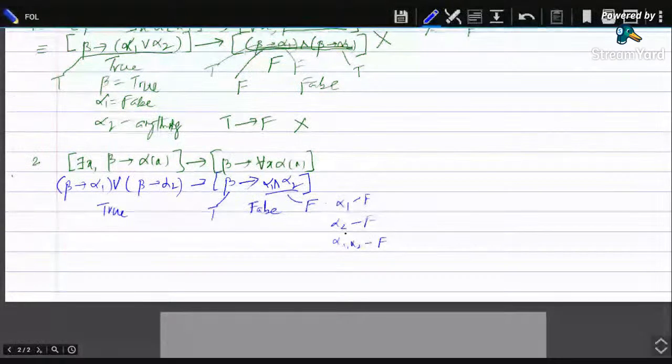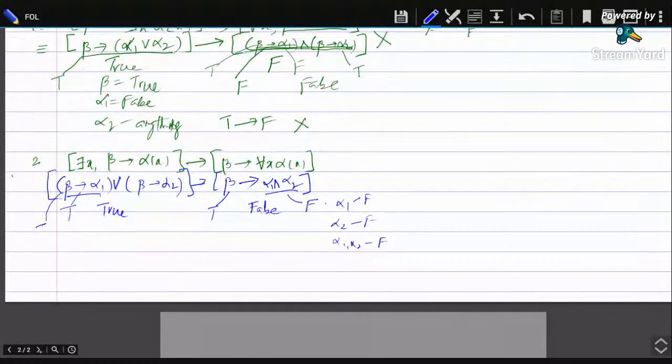Okay, coming to the left hand side, we want the left hand side to be true. For the left hand side to be true, you may make sure that one of them is true, because there is disjunction here. One of the two brackets, make sure that it is true. So which one do you want to make true? Let me say that the first bracket is true. To make sure that the first bracket is true, what would happen?